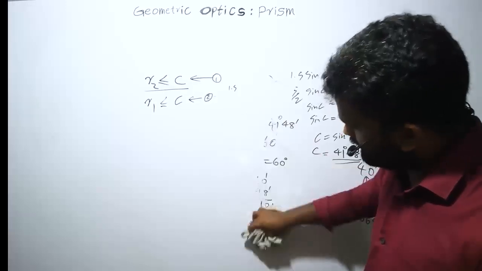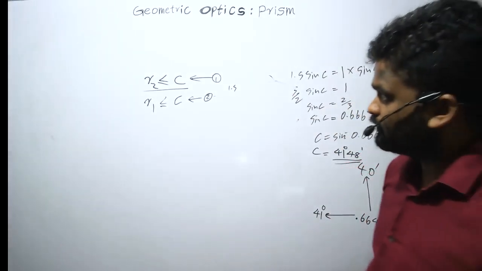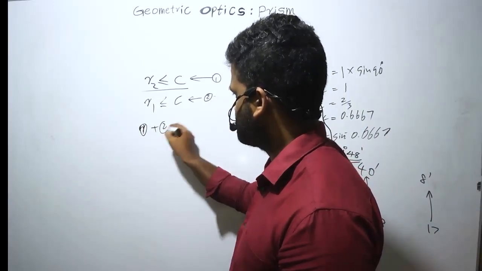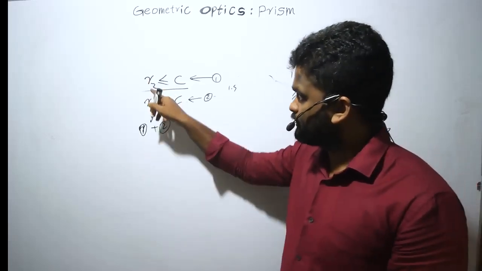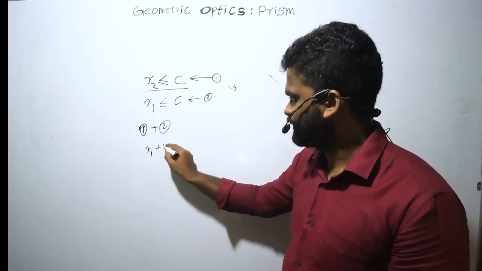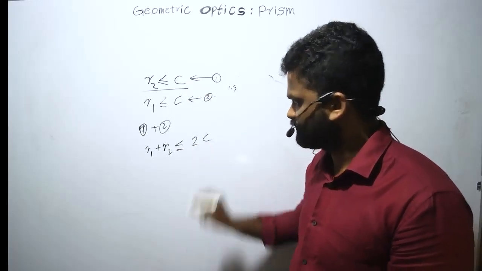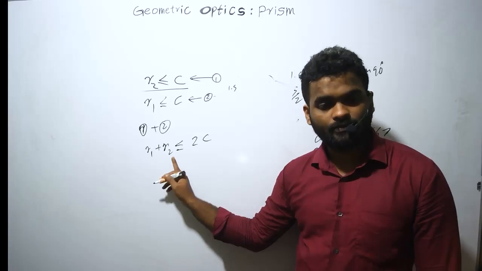So we can add these two. When you get inequalities, same as equations, you can add, right? So R1 plus R2 less than or equal to C plus C, 2C. Okay. So what is R1 plus R2?